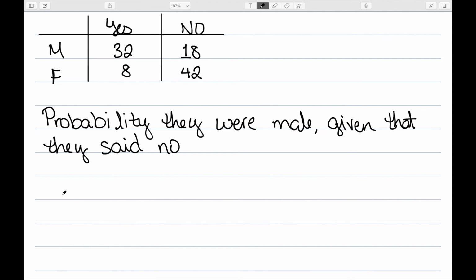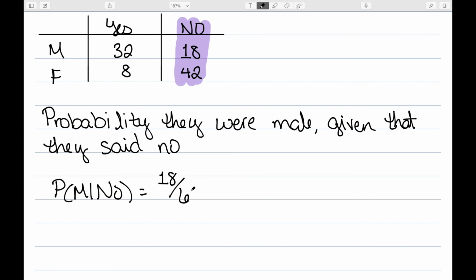As another one, let's suppose we selected someone at random. I want to find the probability that they were male, given that they said no. So the thing that I'm aware of, the thing that I already know, is that this person said no. So I'm only considering this column right here. So what's the chance they were male? Well, there's 18 males out of a total of 60 people who said no. So 18 out of 60.